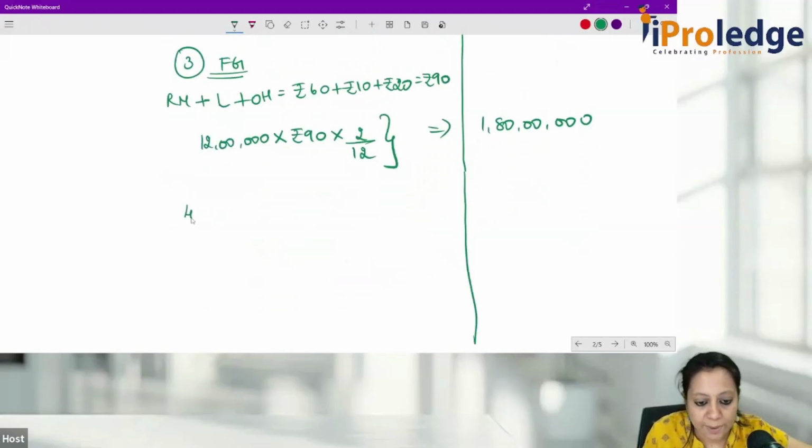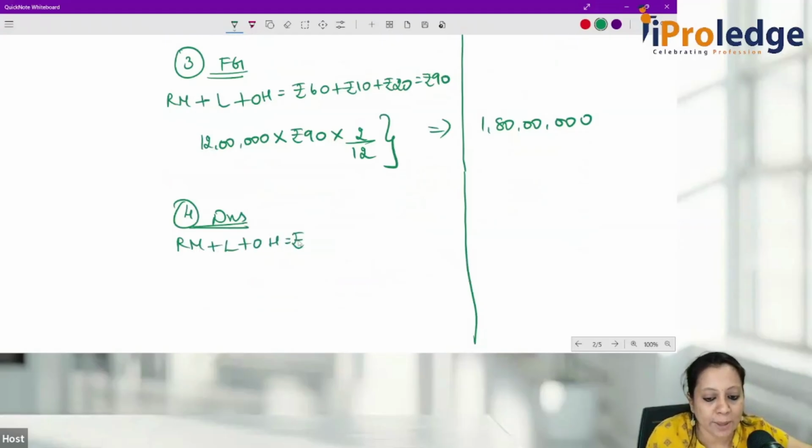So now we will proceed to debtors. Debtors, FG only can be sold, no? Correct. So that means RM plus labor plus overheads must be fully incurred. So we'll take 60 plus 10 plus 20, that is 90.